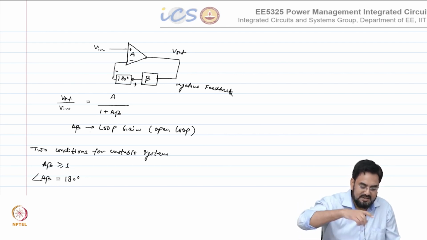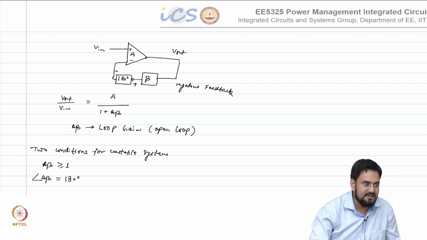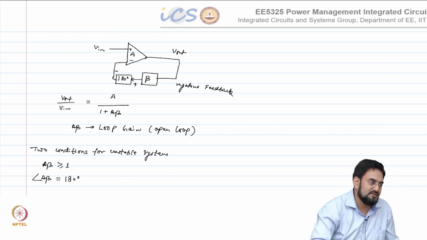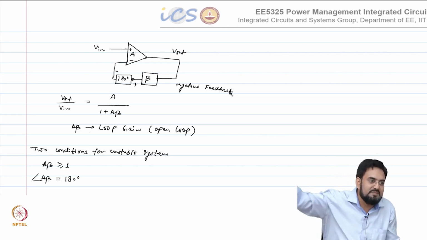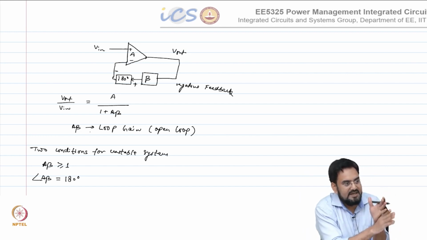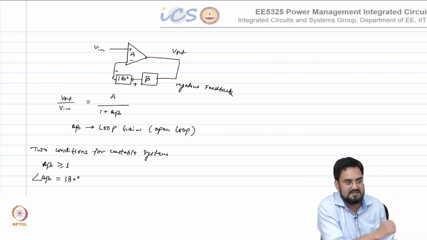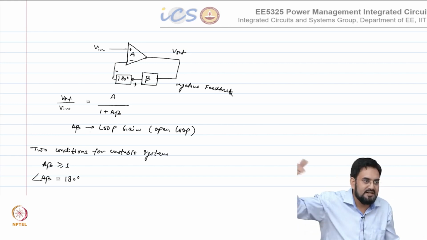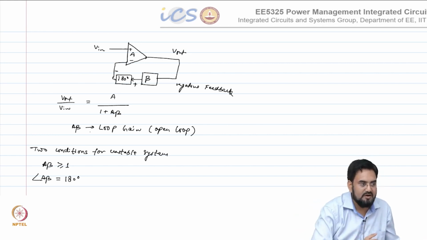If you convert it into a sampled system, it becomes a clocked system. Here we are looking at continuous, but in order to understand, you can think of it as a clocked system. So every clock cycle you are sampling the output and feeding it back. But if you are multiplying that by a gain less than 1, it will decay and never build up, so it will not be unstable.